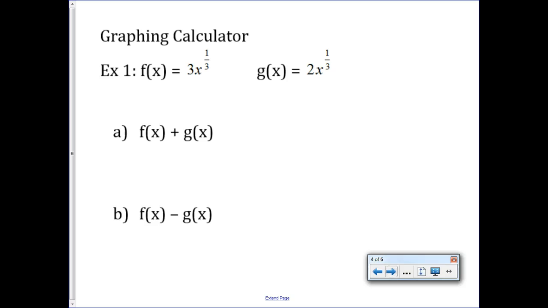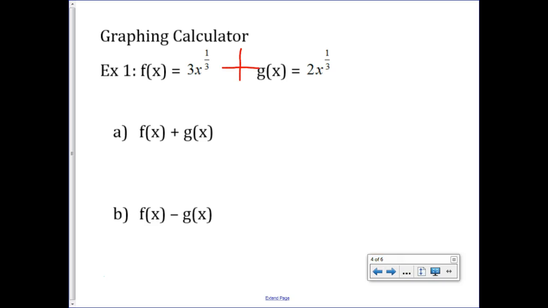Alright, so for example 1, we have f of x equals 3x to the 1/3 power and g of x equals 2x to the 1/3 power. If you want to take a look on your graphing calculator or on Desmos to see what those graphs look like, you are welcome to. What you should see is that they're sideways versions of those John Travolta graphs, kind of a sideways squiggle.